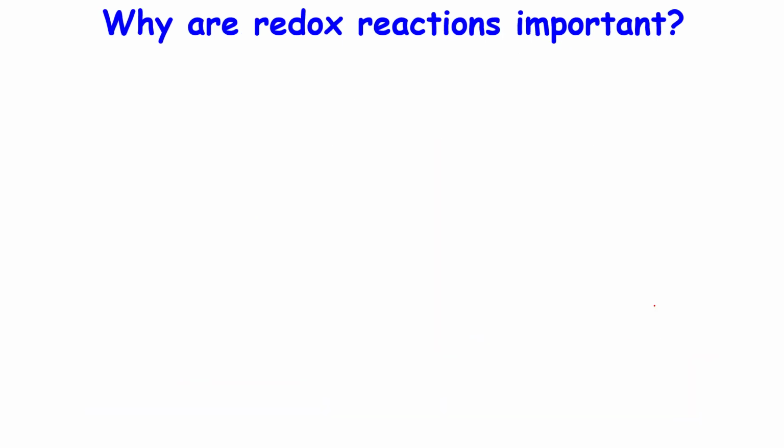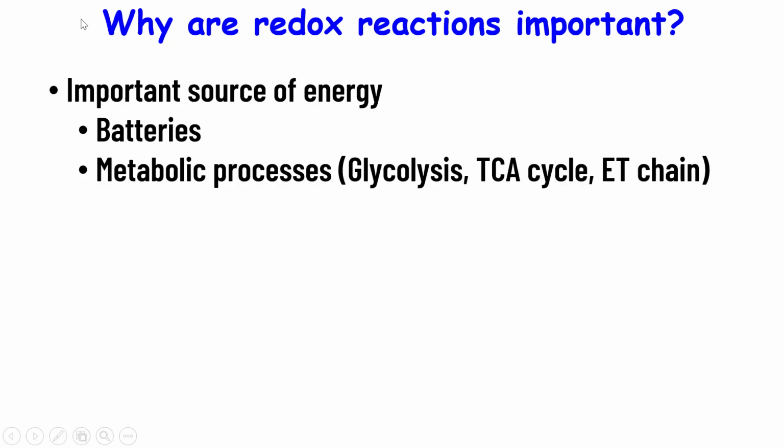Now the question is, why are oxidation reduction reactions very important? Because we are obviously looking at them, they must have some value. Why should we care about oxidation reduction reactions? One of the main reasons is that oxidation reduction reactions are a source of energy. In nature, many of the naturally occurring reactions that produce energy are oxidation reduction reactions, or redox reactions.